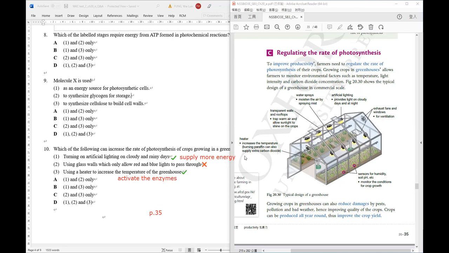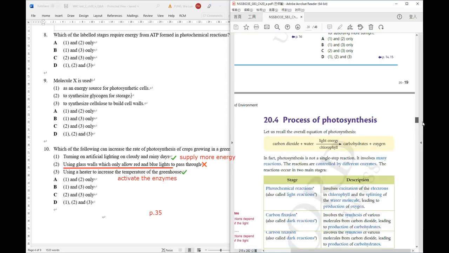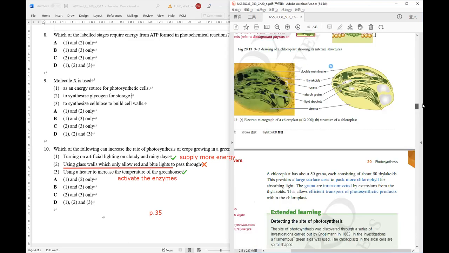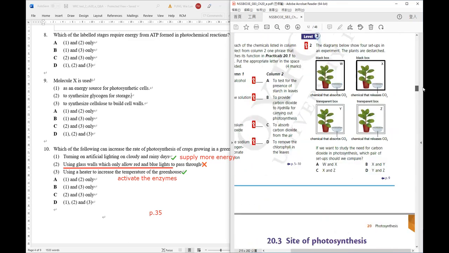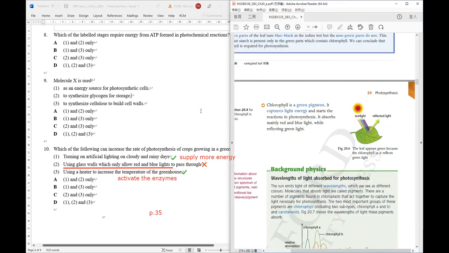Well, no matter whether you use the glass to allow red light or green light, red light or blue light to pass through, no matter whether you use it or not. I can show you.